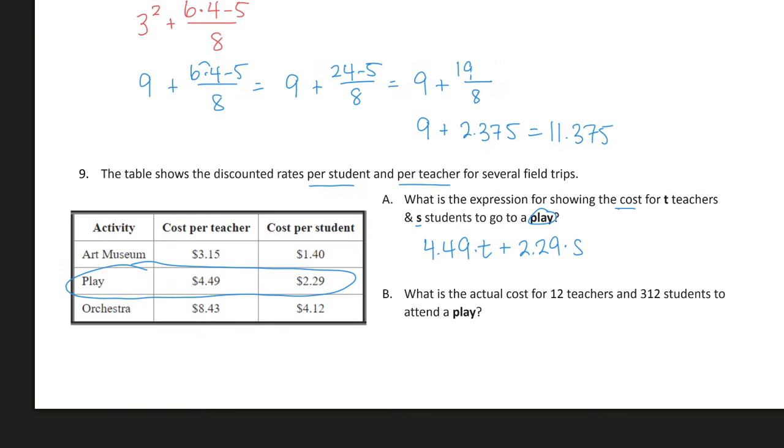So now it's giving us the actual cost. So they're telling us, go ahead and substitute in. We know that 12 teachers are going to go, so we're going to replace that for T. And we know that 312 students are going to go, so we're going to replace that for S. So my expression with those values substituted in is going to be $4.49 times 12 plus $2.29 times 312.